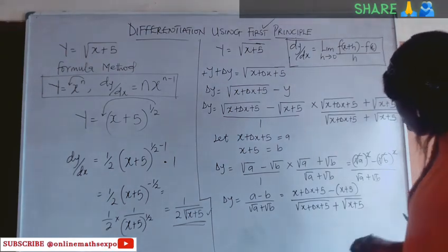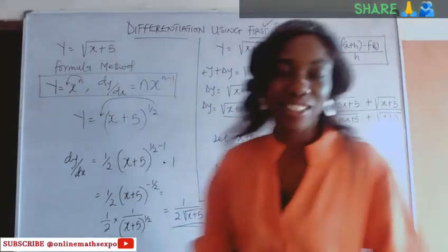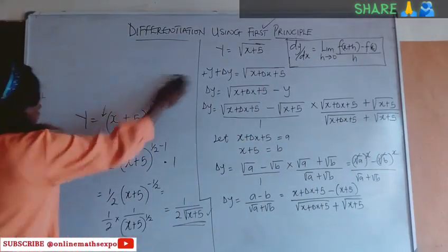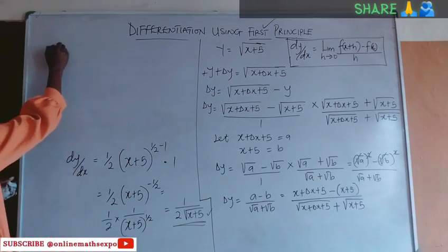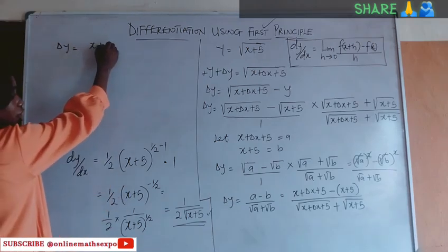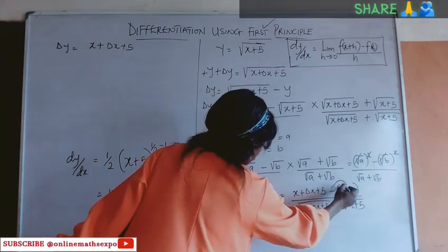So what do you do next? This will give us what? We can move it up here to conclude. So we are going to have change in y is equal to x plus change in x plus 5. Remember, this negative sign will affect this.